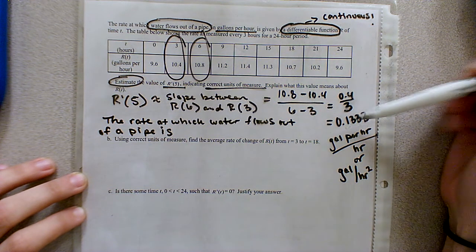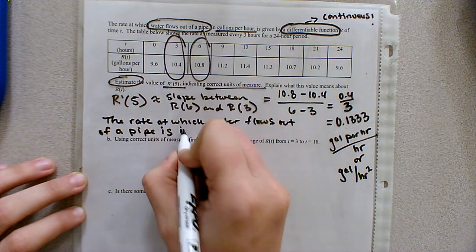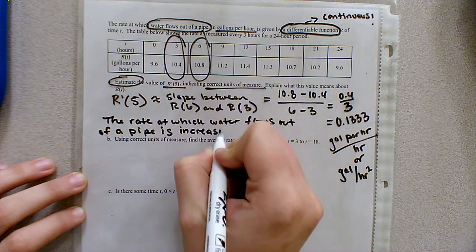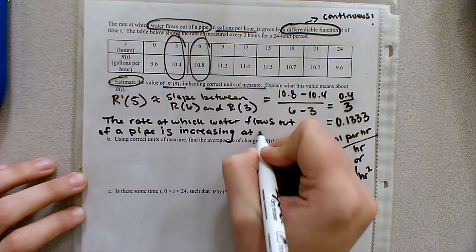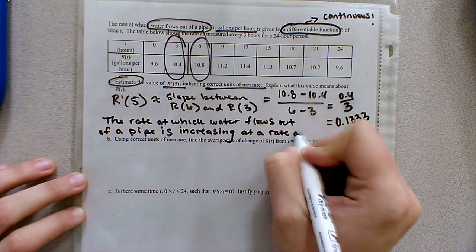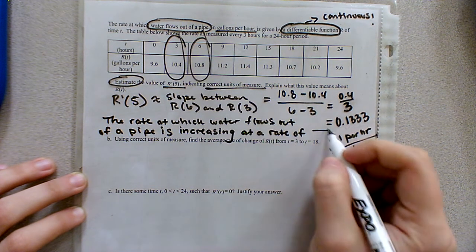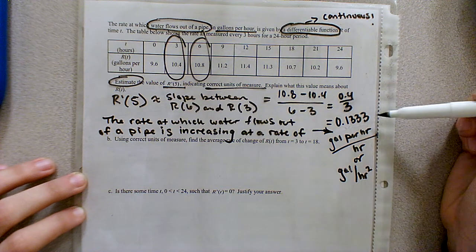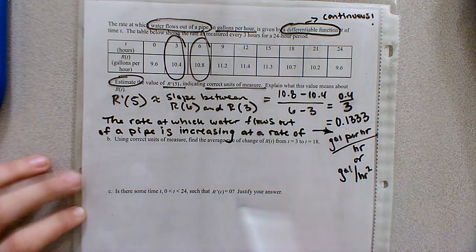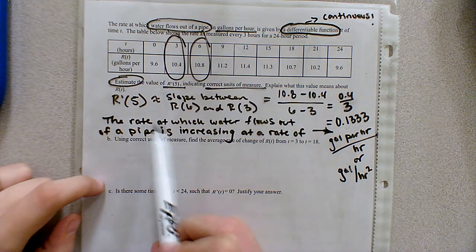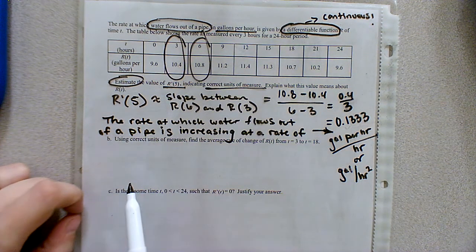Notice how our derivative value was positive, so we'll say it is increasing at a rate of 0.13333 gallons per hour squared.